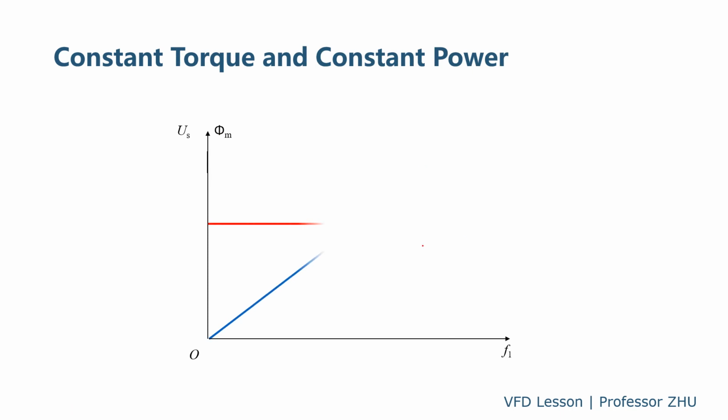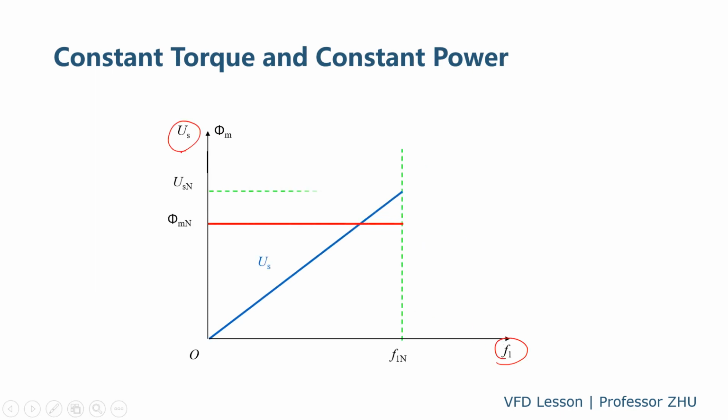So here is the frequency, here is the motor voltage. When you do the speed adjustment, we want to keep the flux constant and change the terminal voltage linearly with the frequency. So this is below the rated voltage and the rated frequency.